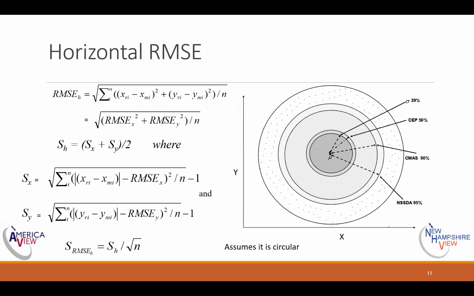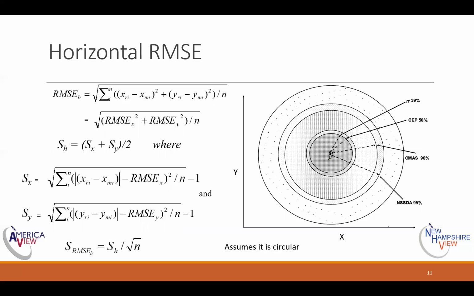The equation is a little bit more complicated, and it's complicated by the fact that now you've got a circular distribution. You don't have a single variable. You've got two variables, an x variable and a y variable. And so you've got this circular distribution that you have to deal with. It assumes that it's circular, so it assumes that the errors in the x direction are equivalent to the errors in the y direction.